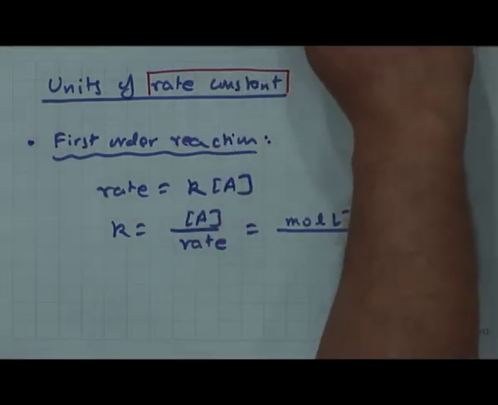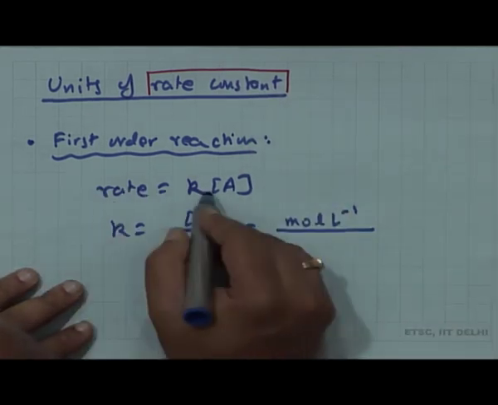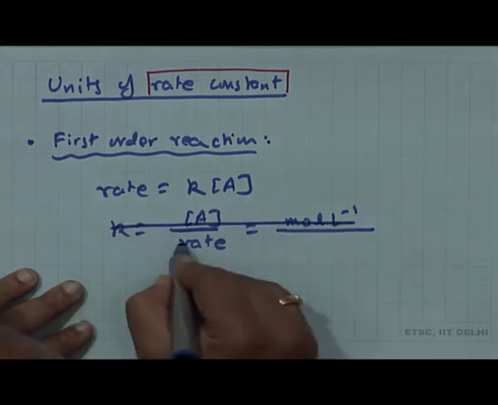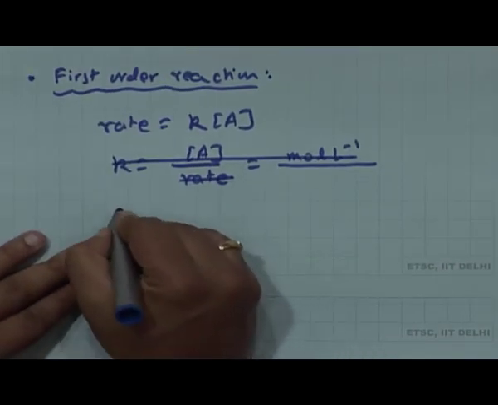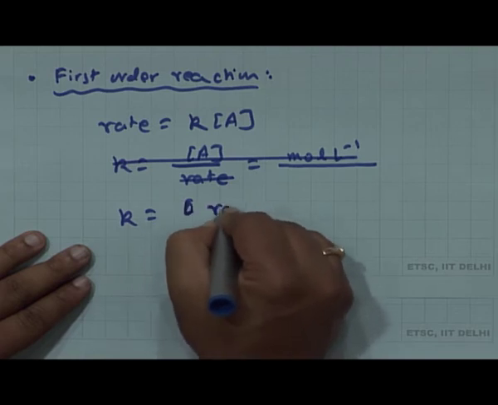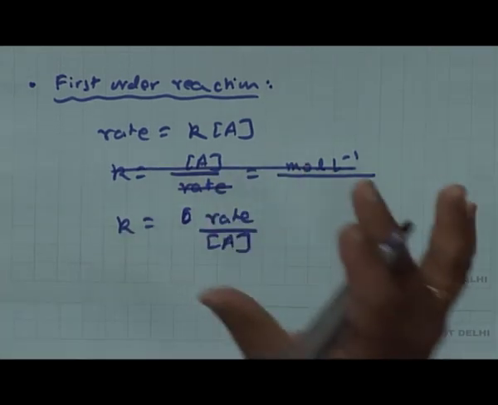So, just hold on. Let me actually cut this. So, this remains the same, I wrote this one wrongly. So, K is equal to rate over A, okay, extremely sorry for that.